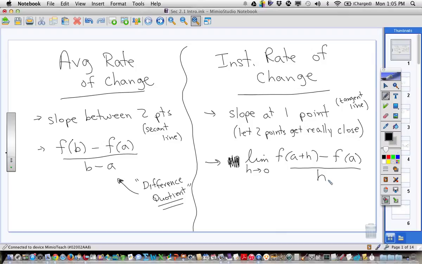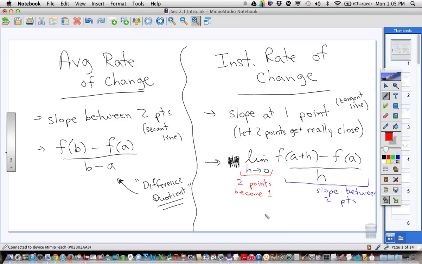Average rate of change is slope between 2 points. We go ahead and use a and b, but we could just do this part. As a matter of fact, I'll put a little color to this. The blue part here is simply slope between 2 points, but the red part is what makes the 2 points become 1.